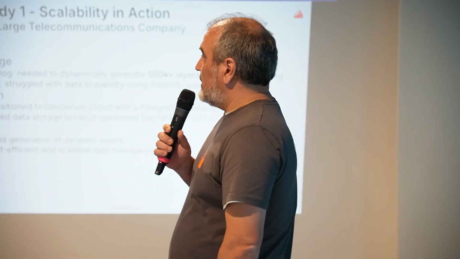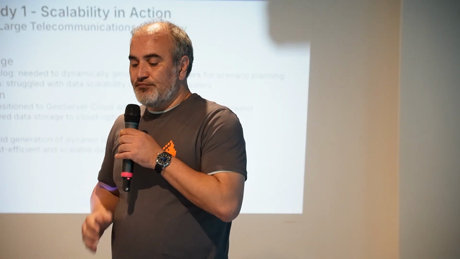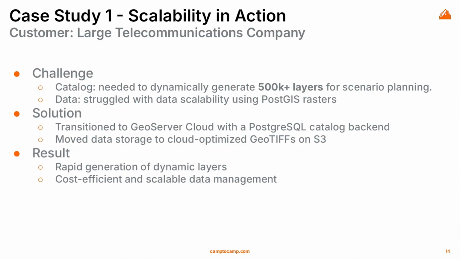Using traditional GeoServer deployments, this level of dynamic layer generation wasn't feasible due to XML catalog bottlenecks and limitations on PostGIS rasters. GeoServer Cloud solved this by replacing the XML catalog with the Postgres backend that we mentioned before, and migrating data storage to cloud-optimized GeoTIFF on S3.